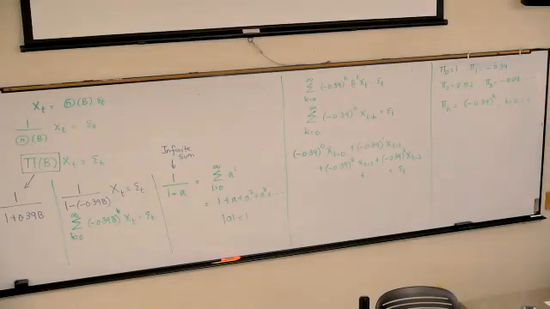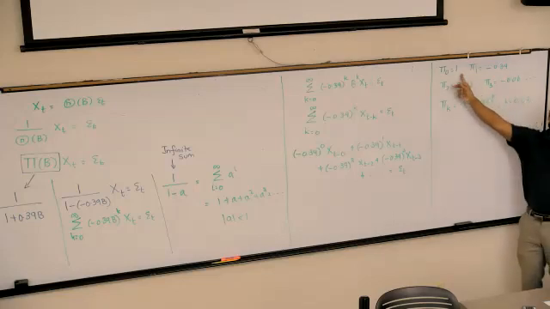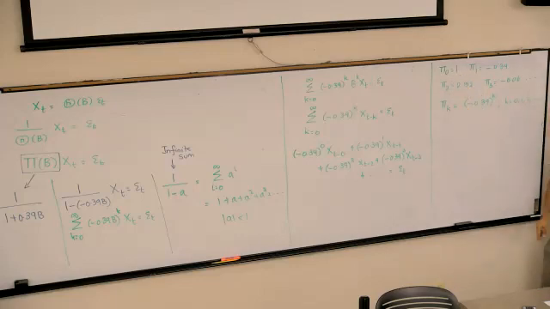And just like how we always had psi naught equal to 1, pi naught would always be 1. We can always verify our answer that way. Good. So those are our pi weights.